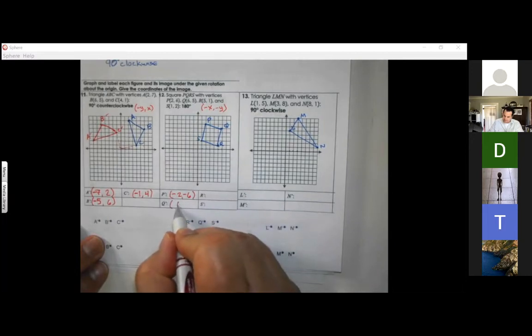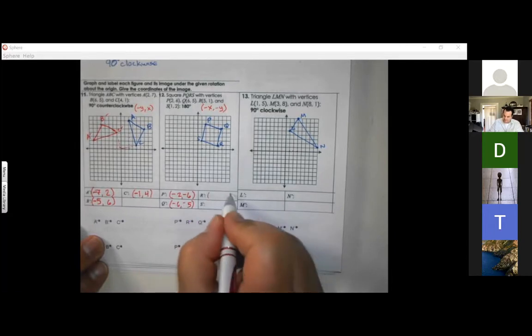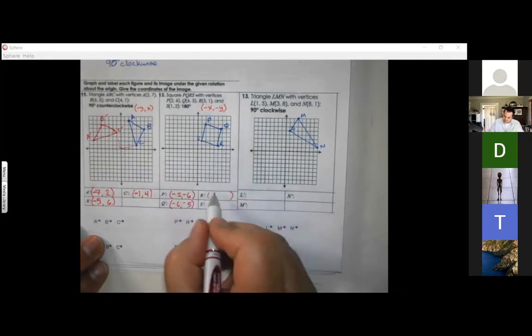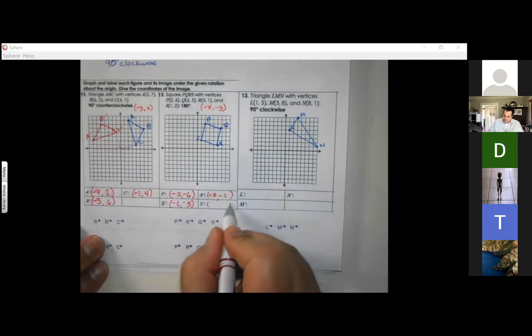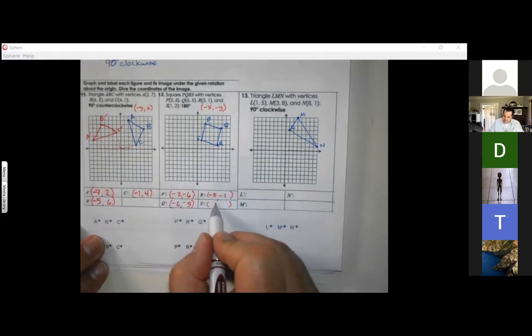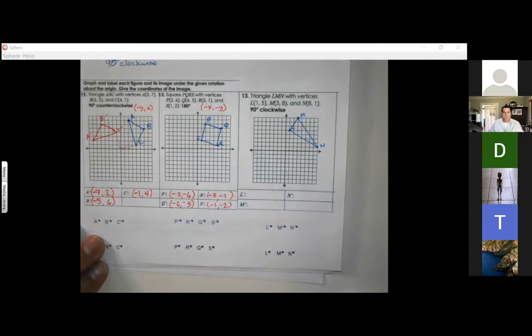Q was originally 6, 5. So I'm just going to make it -6, -5. R was originally 5, 1. I'm going to make it -5, -1. S was originally 1, 2. I'm going to make it -1, -2.